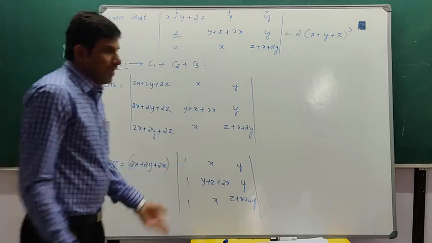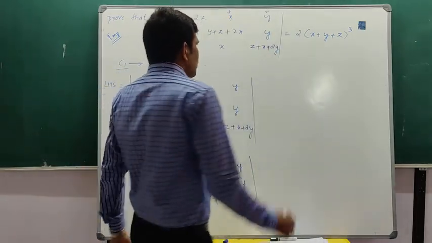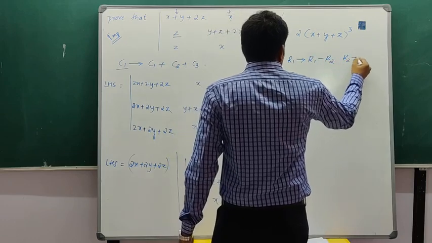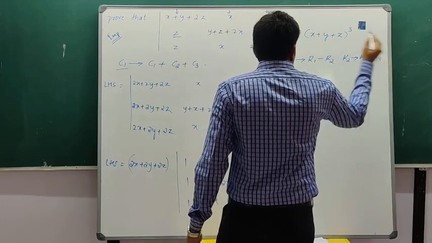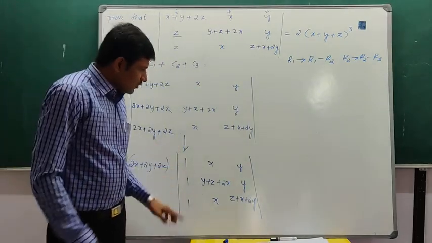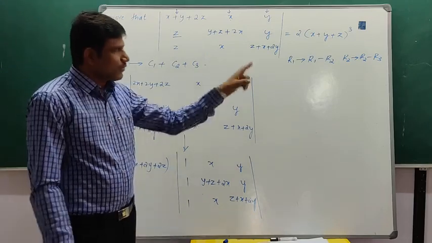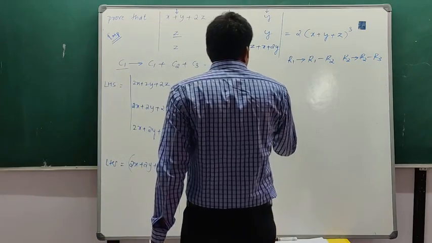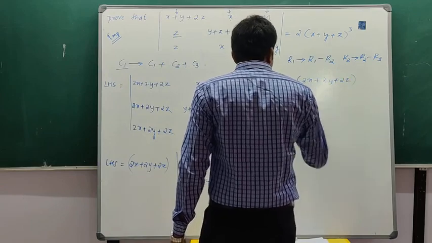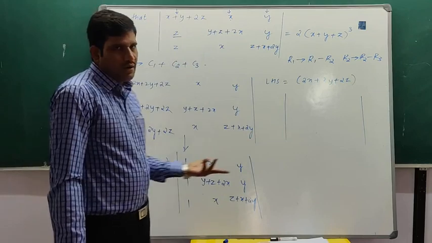Right? So now when all the elements in a column are equal to 1, what operations do we do? That is R1 changes to R1 minus R2, and similarly R2 changes to R2 minus R3, because all the elements in the first column are equal to 1. Now LHS is equal to 2x plus 2y plus 2z times the determinant.